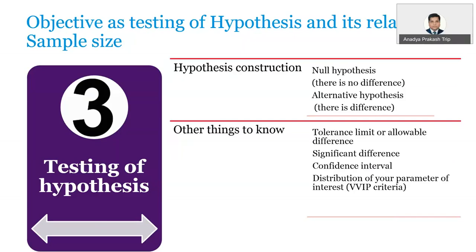Null hypothesis means there is no difference. Alternate hypothesis means there is a difference. Now for this also, we must have some understanding about the tolerance limit, allowable difference, the significance level and confidence interval we want, and a very, very important criterion, the distribution of the parameter of interest, whether it is normal or not.